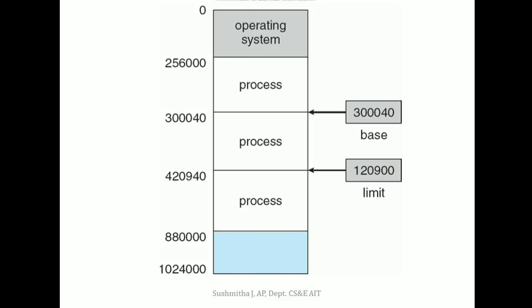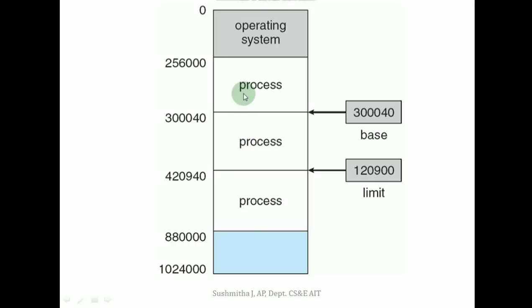You can see here, this is the memory structure. In the main memory we have the operating system that is running, and after that the remaining part of the memory shall be used by different processes. You can see there are three processes that are named, and there is some free space that is available here.